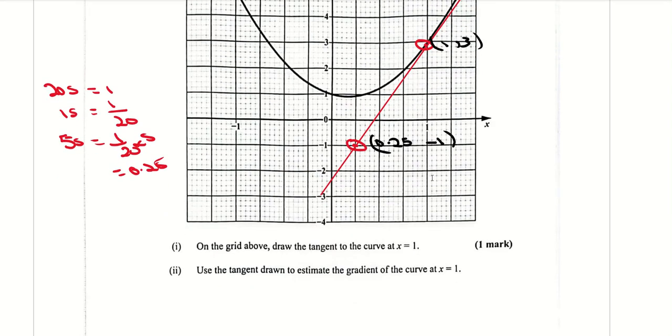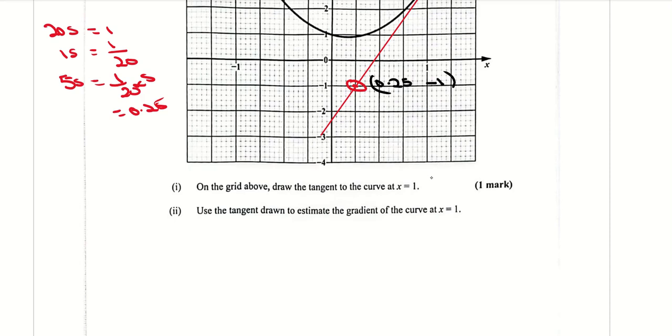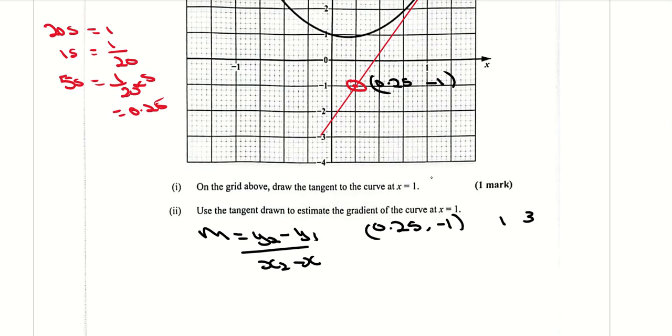So to get my gradient, we know gradient is equal to y2 minus y1 all over x2 minus x1. We have (0.25, negative 1), and the next one is x is 1 and y is 3. You can choose whichever one you want to be point 1 or point 2.